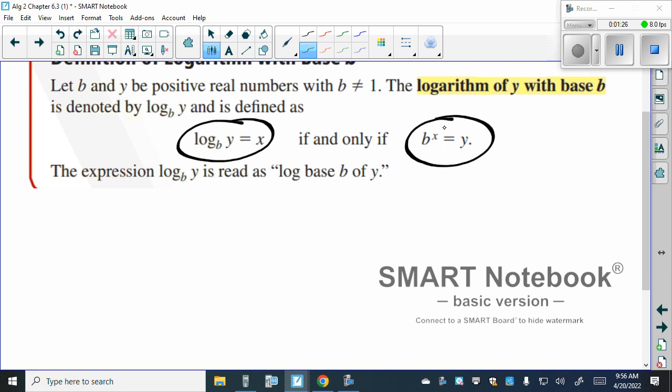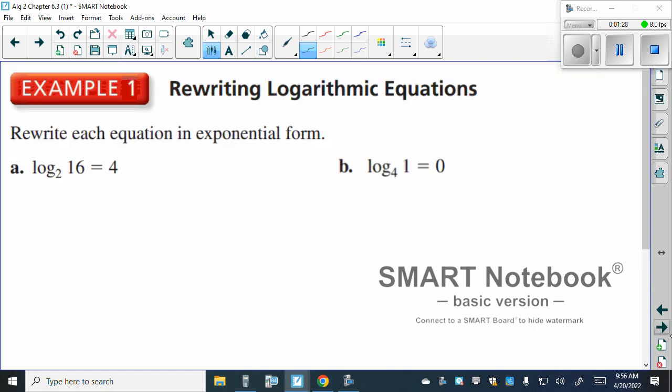Now the first thing we're going to do is switch from one to the other. So we're going to start with logarithms, and we want to rewrite it in exponential form. And again, we're still using the fact that log base b of y is equal to x if and only if b to the x is equal to y.